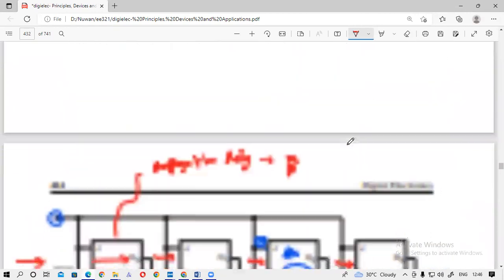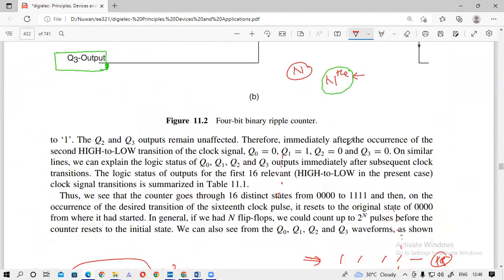It is not with the first one. So N TPD will be the maximum propagation delay, the worst propagation delay that happens.